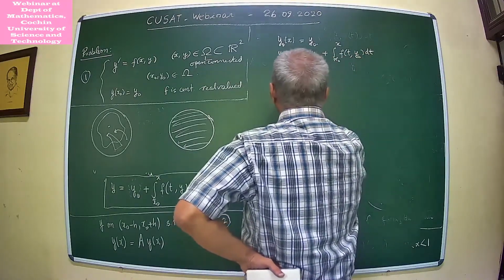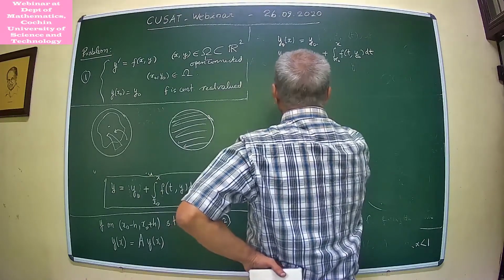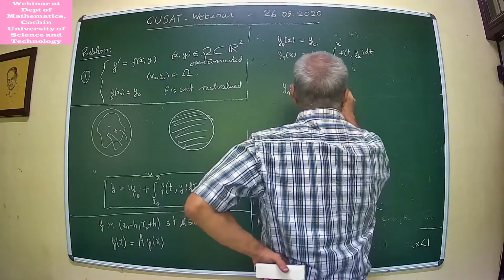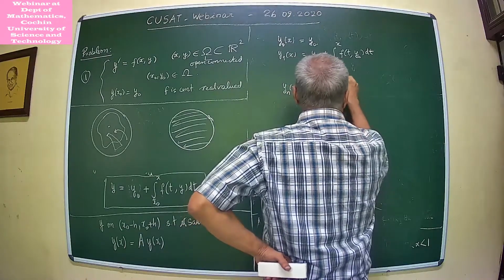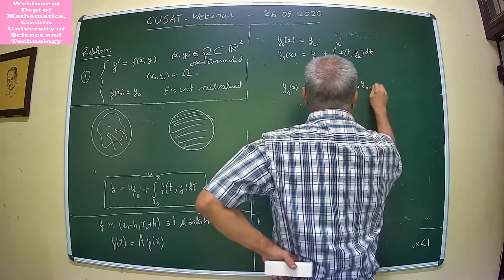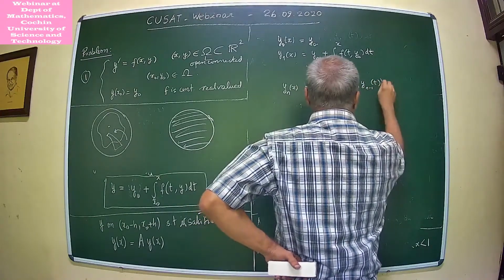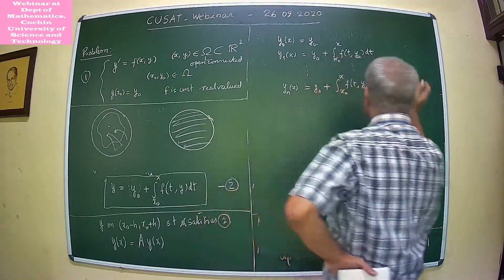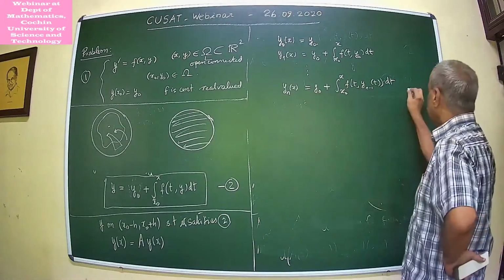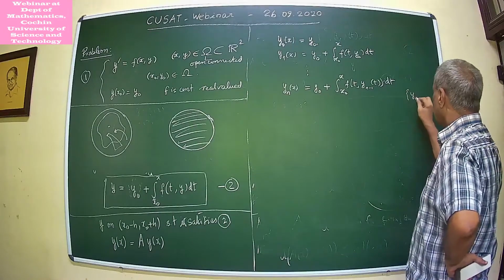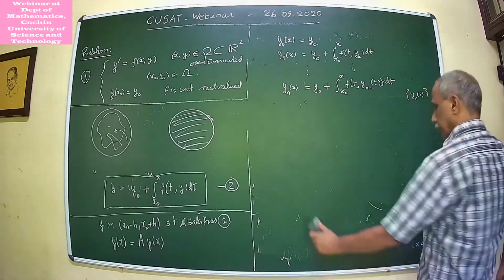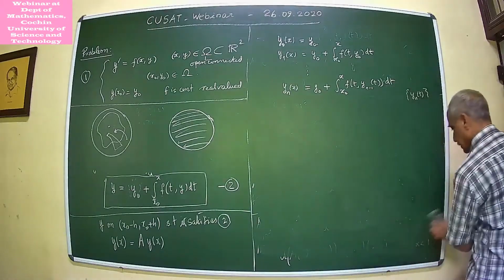You have yn(x), and so on. This is how you construct the sequence. This is exactly what we did when I suggested the proof of the contraction method.